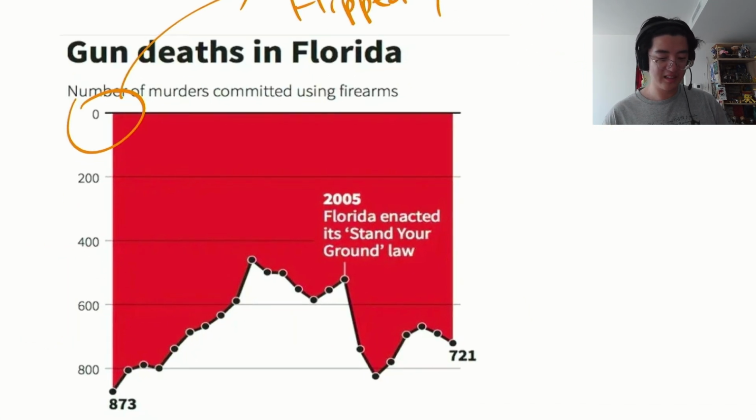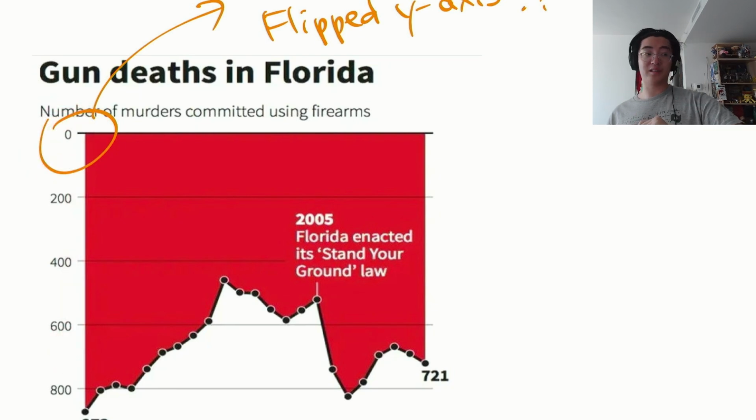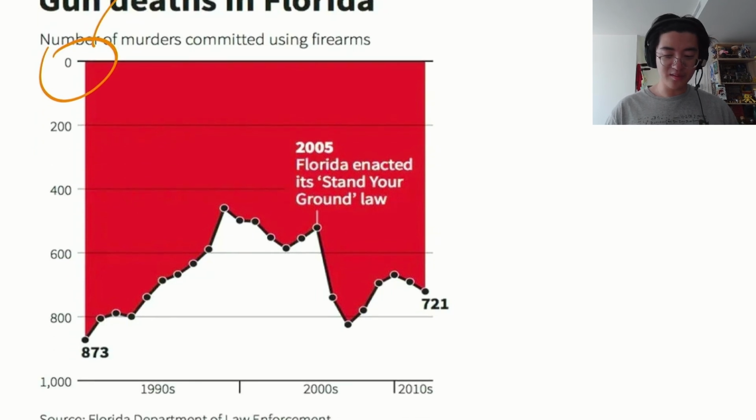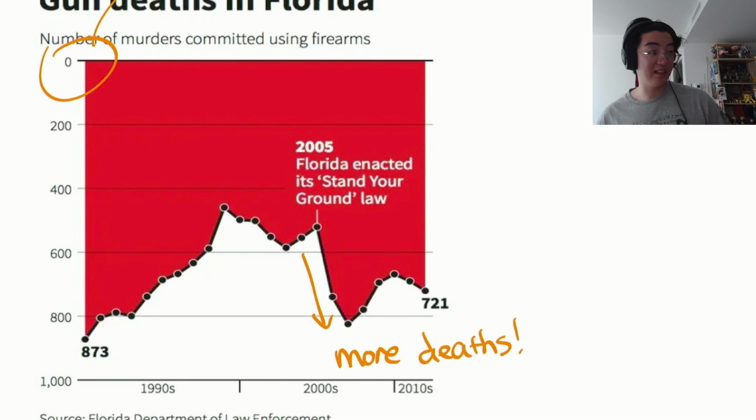However, in this case, we actually started at 0 and went down. So the lower we go on this inverted y-axis, the bigger the number is. So even though there's a decrease here, there's actually more death happening after this law was enacted.